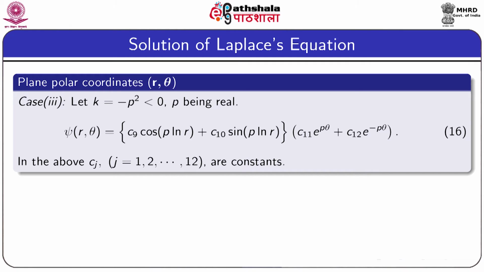Now, for the case when k is less than 0, the solution is written in equation number 15. So, for polar coordinates, the solutions can be written in 3 different forms, which are written in equation number 13, equation number 14 and equation number 15, and in all these expressions, the Cj's, j equals 1 to 12, are constants.